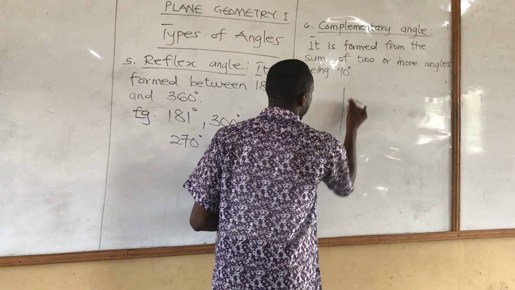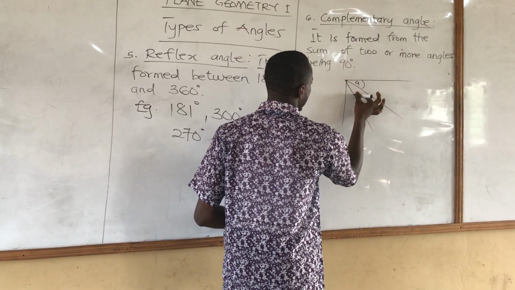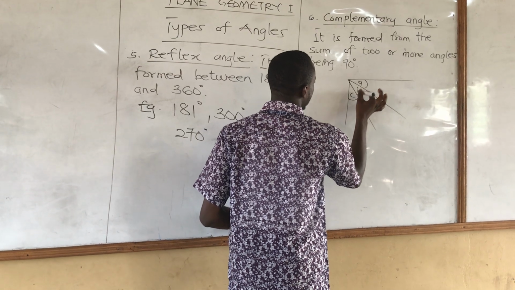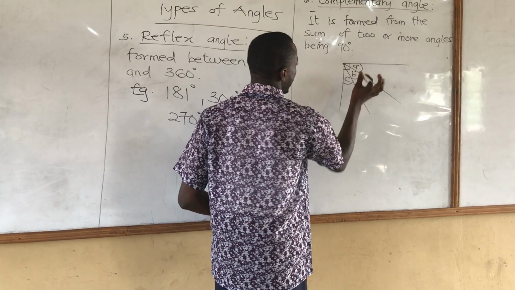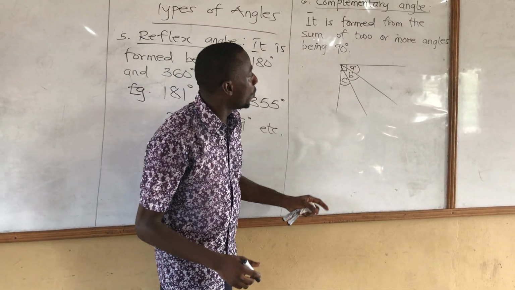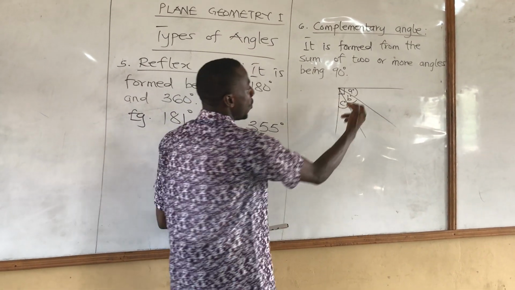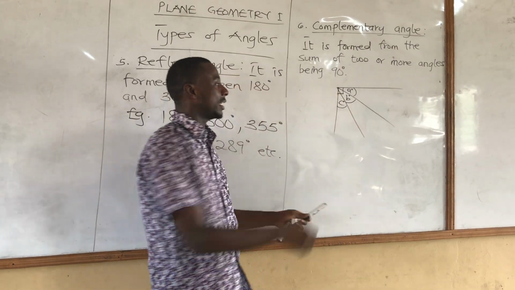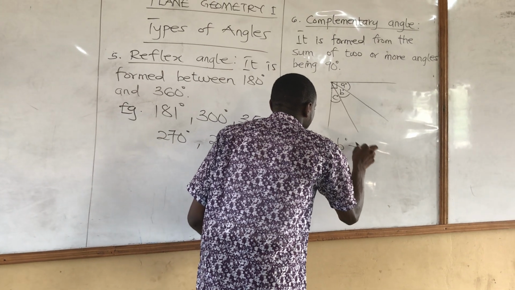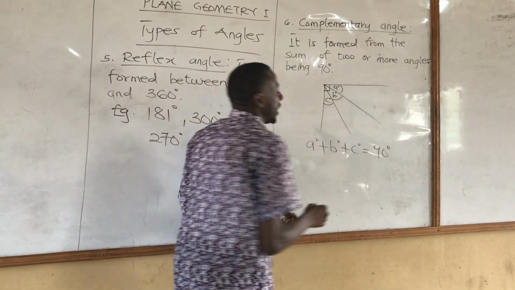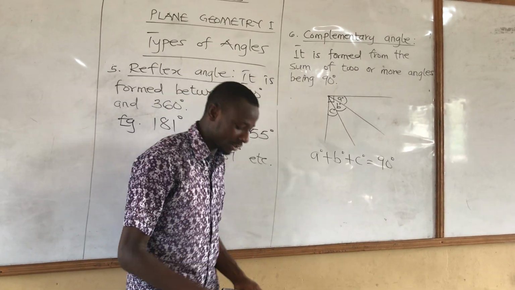For example, from what we have on the board, we can see that everything here is 90 degrees because it's a right angle. So if I add A plus B plus C, I can equate everything to 90 degrees. So this is basically complementary angle.